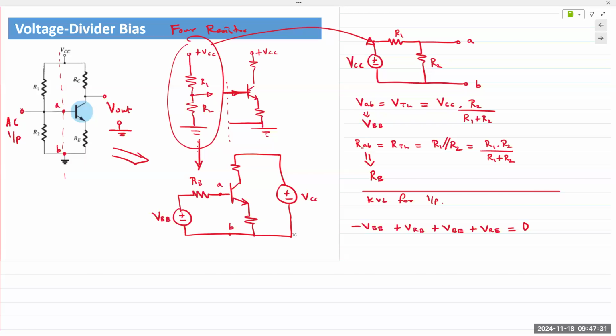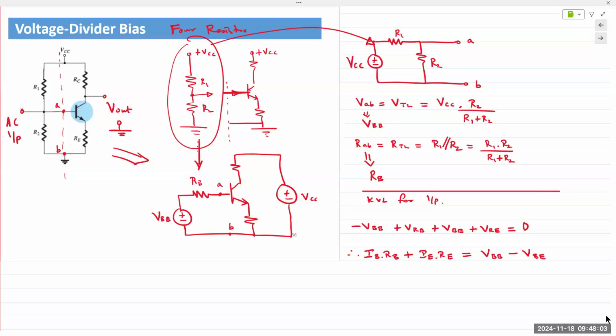So if we replace these and rearrange the terms, I want to get IB on one side. So VRB is IB times RB. And I'm going to keep VRE as it is. And VRE on this side gives me IE times RE. Take the others on the other side, and I would get VBB minus VBE.